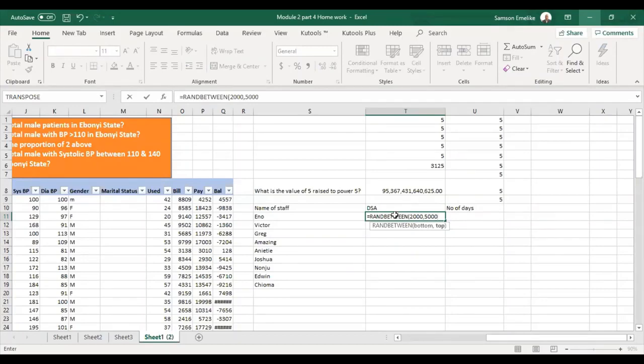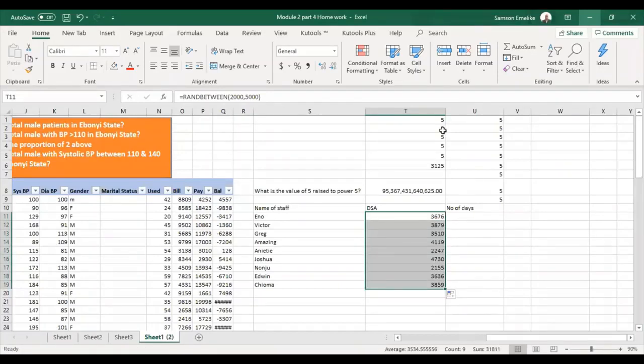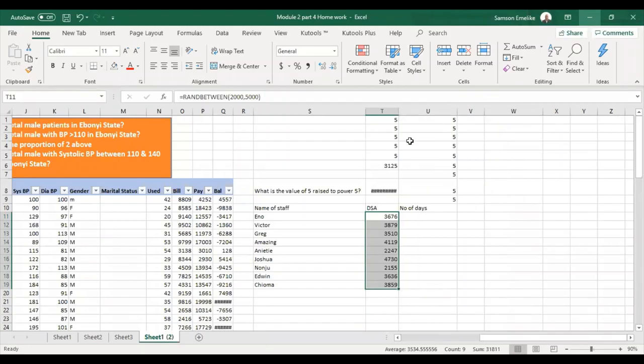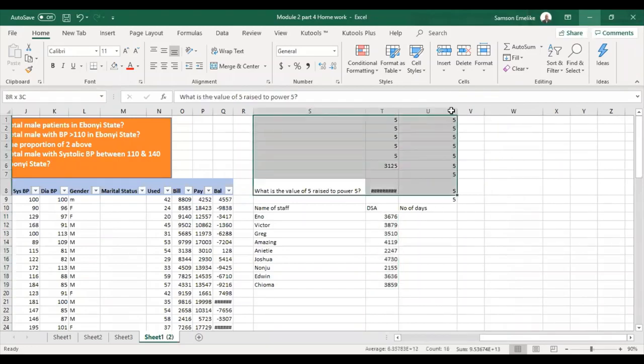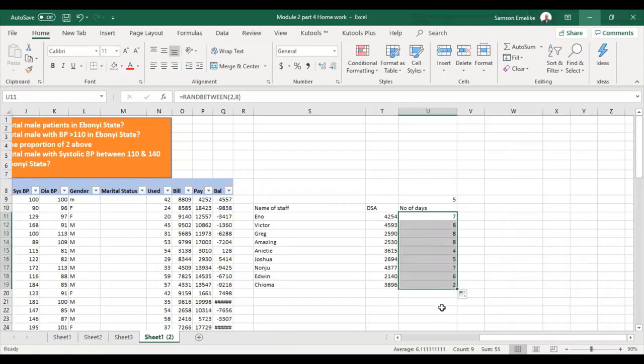So if he assigns you different days, if he gives you different DSA, please, I didn't do it like that. Then I think we are done here, so I won't have any problem. So the number of days, let's also use RANDBETWEEN. It ranges from between 2 days and 8 days. Okay, it gives me this.